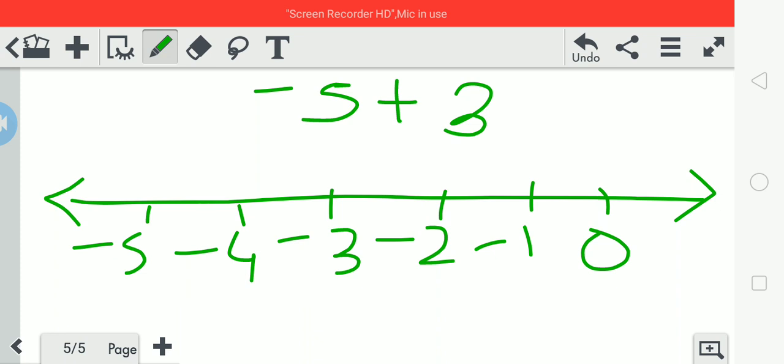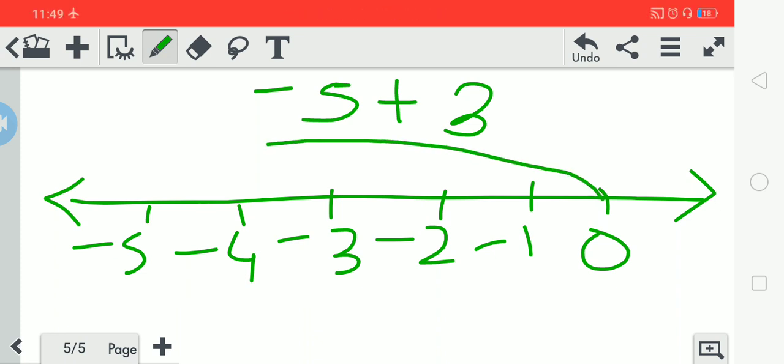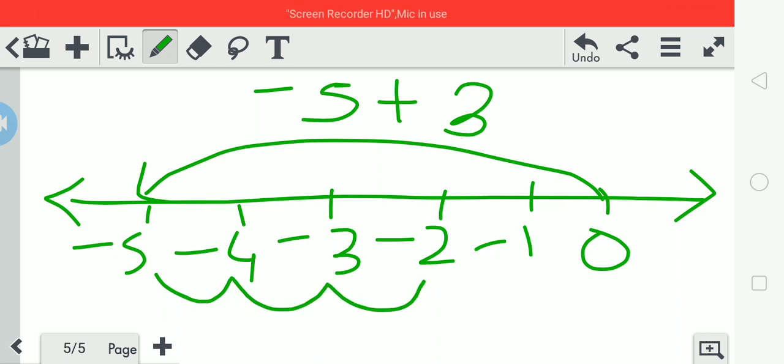Now the first number is minus 5, so take a jump from 0 to minus 5 directly. Now plus 3 is there, plus means we have to move to the right side, 3 moves, 1, 2, 3. You reach the minus 2 position, so your answer is minus 2.